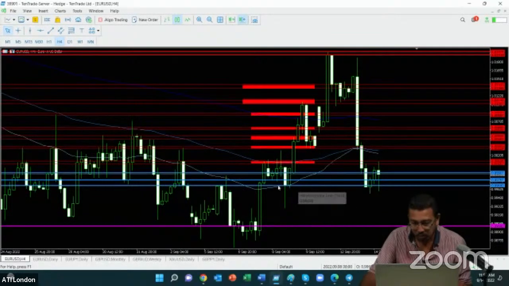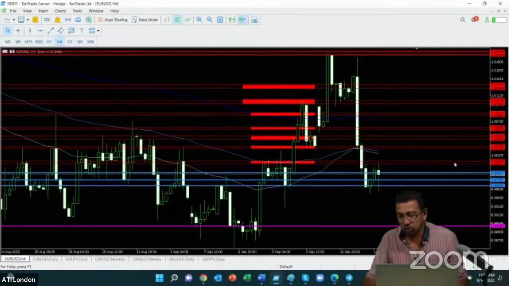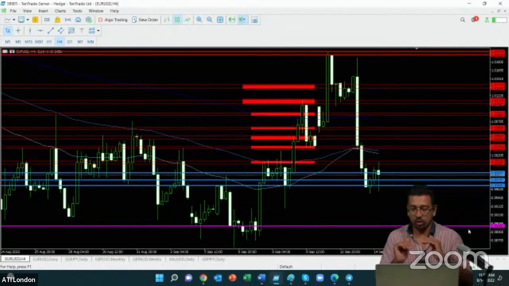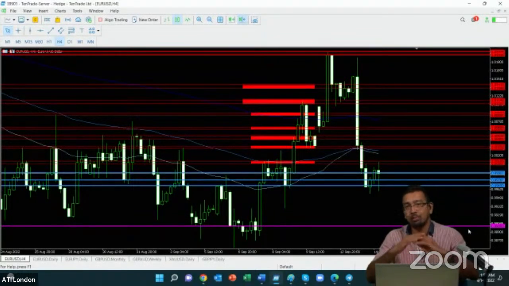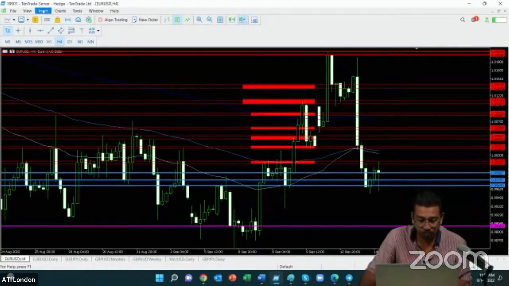There we go, together with this area here, because these are very significant areas, so I would like to take that area there. And I would say these three lines are sufficient for now to keep you aware of a potential support zone.